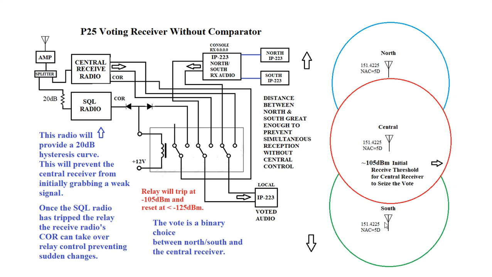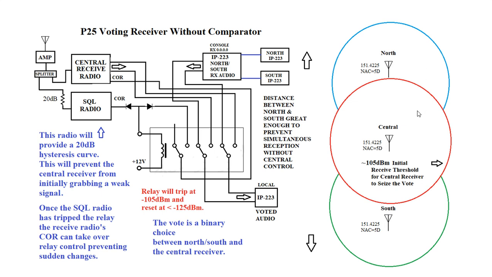Now, there's enough distance between these two sites, the north and the south, that it is possible for a mobile user in certain spots to make it all the way across the entire area and be heard by the south end.